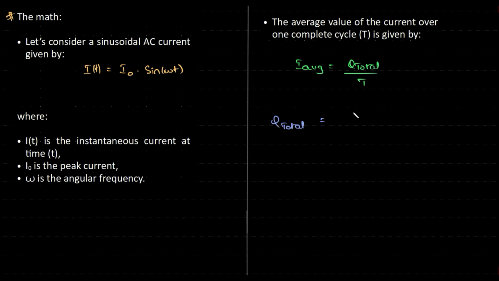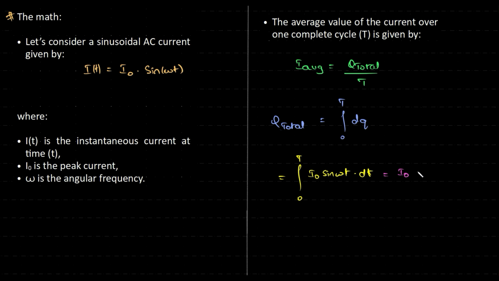The total will be nothing but integrating all the charges involved throughout the time 0 to T. We need to add up all of them. So we can do this with sine omega t dt.